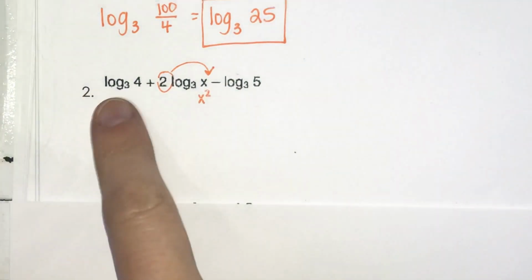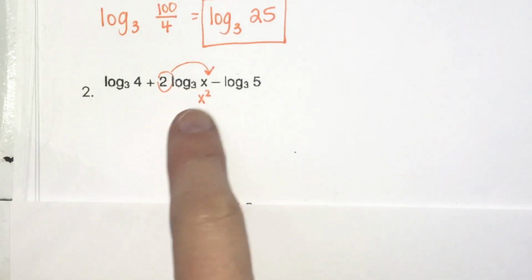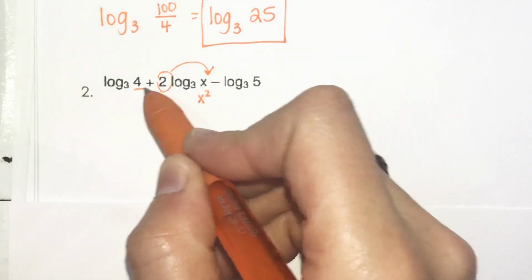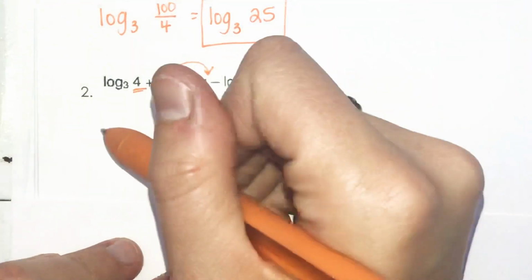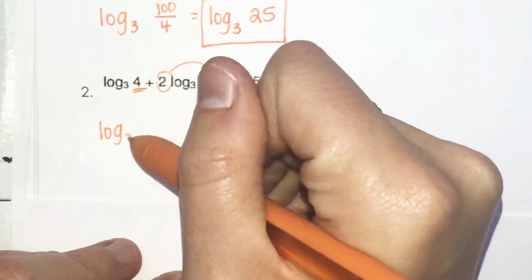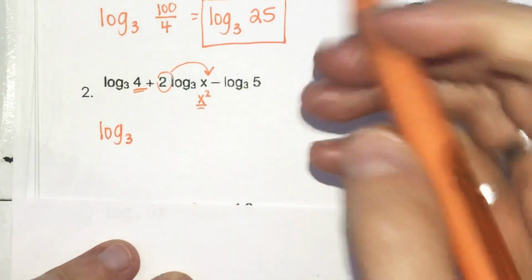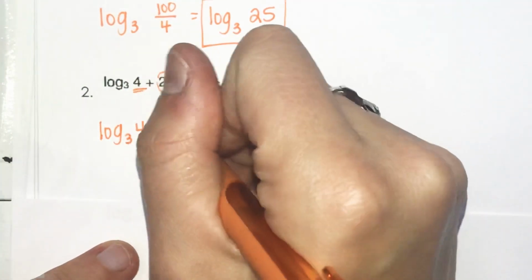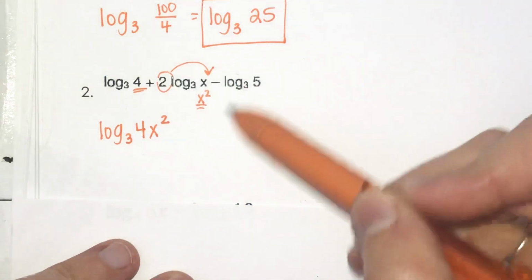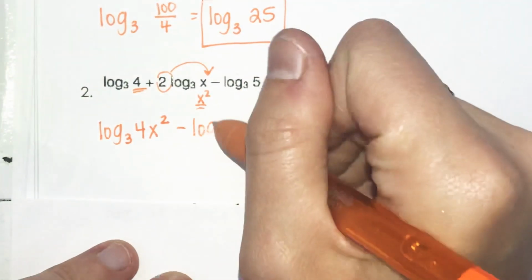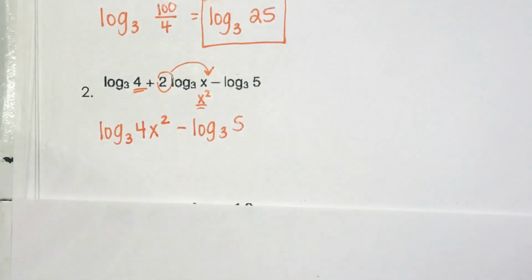And then I've got log base 3 of 4 plus log base 3 of x squared. What I'm really going to do is multiply this 4 times this x squared. So I'm going to get log base 3 of 4x squared. Okay, and then I'm just going to bring down the minus log base 3 of 5. From here, I know that subtraction really means that I'm doing the quotient rule.